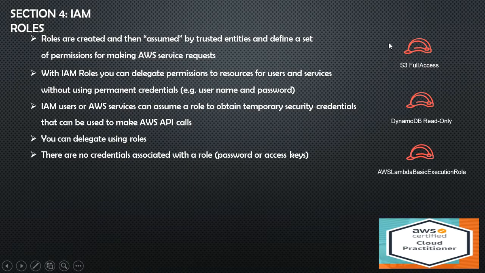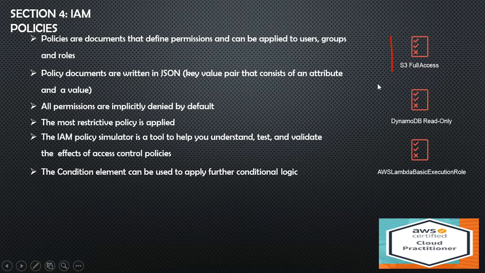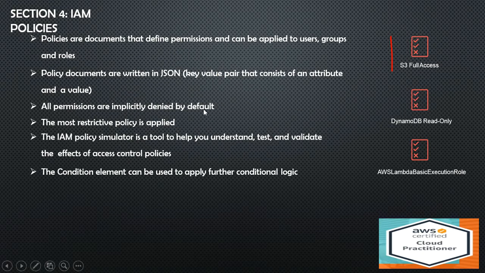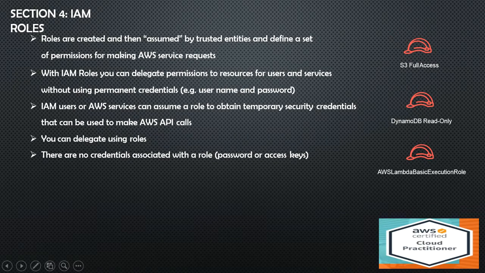Okay, roles are created and then assumed by trusted entities and defined as a set of permissions for making AWS service requests. So to this service, you assign a role, and then it assumes that role, and then it has access to that level of services on AWS.